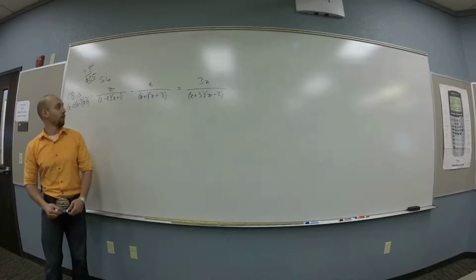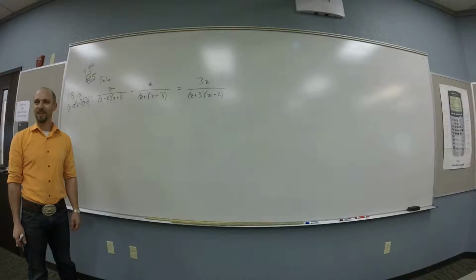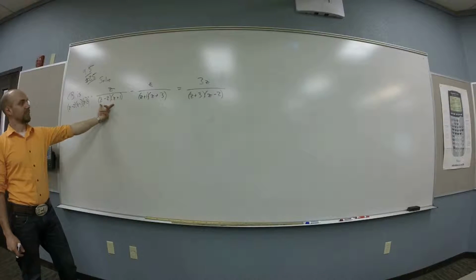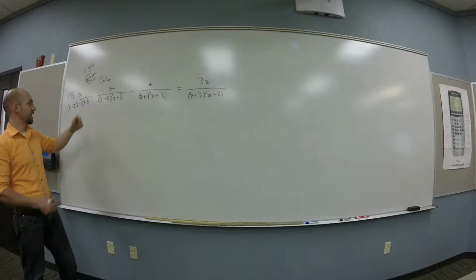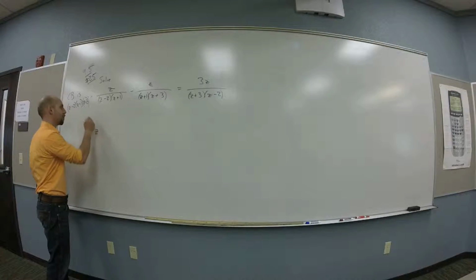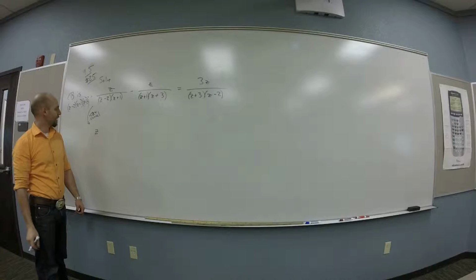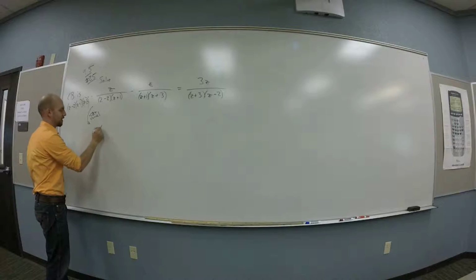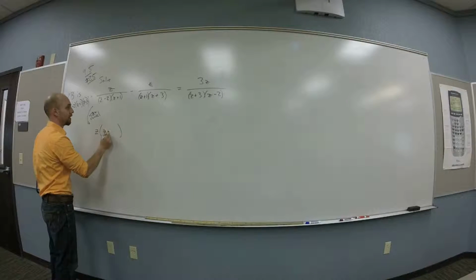Okay. So I maybe could, that's the shortcut, right? Okay, so what's this guy missing? Z plus 3. That's missing a Z plus 3, right? So after multiplying by the common bottom and canceling, I'm going to get Z times Z plus 3.